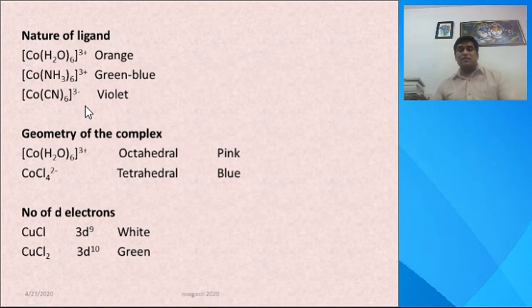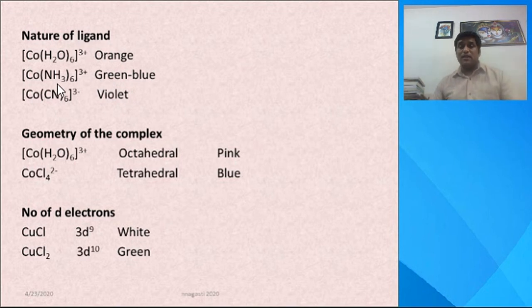As I have said, the color of the complexes depends on the energy required for electronic transition from low energy d orbitals to high energy d orbitals, and this energy depends on the nature of the ligand.